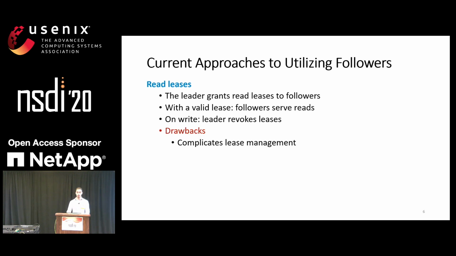As you can see, there are some drawbacks. It needs a complicated lease management protocol, and it increases the write latency because of the lease re-granting and revoking. Also, it complicates fault tolerance because if a machine fails while owning a lease, the system needs to wait until the lease timeout before it can progress.